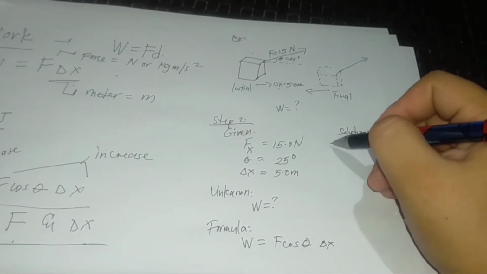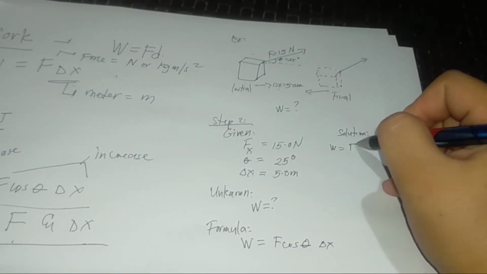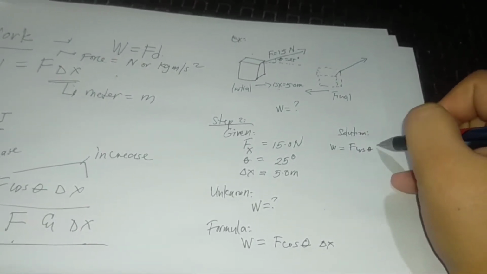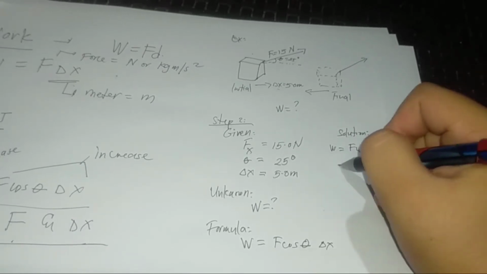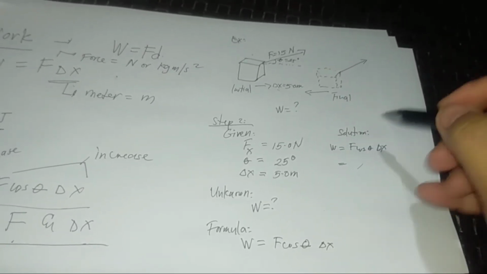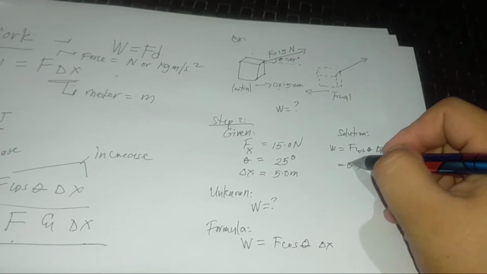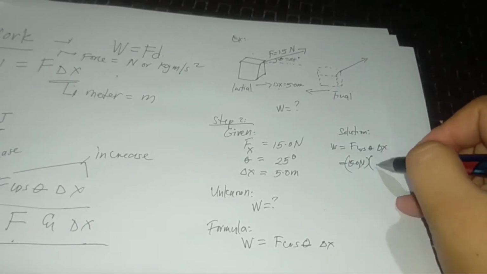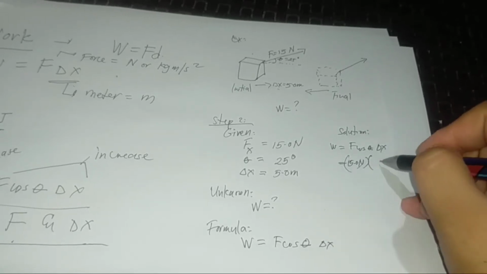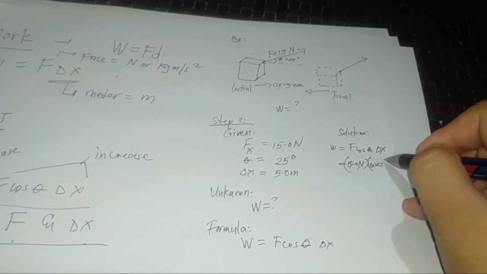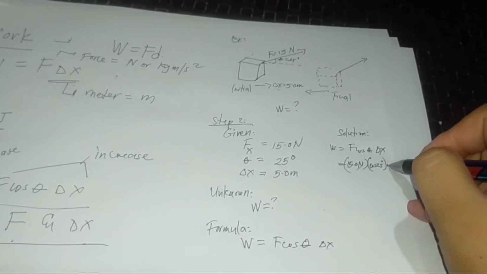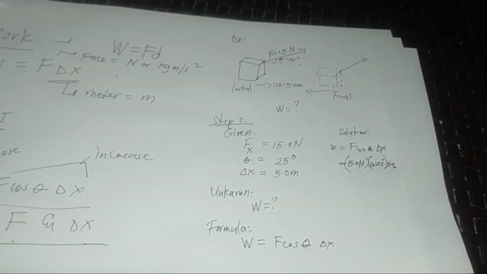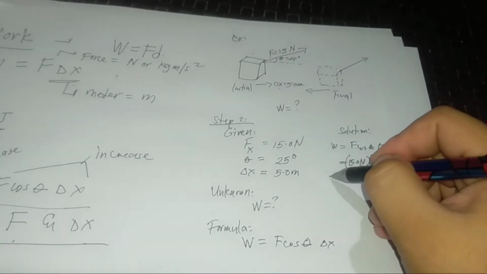Next is the solution. For our solution, we have W equals F cosine theta delta X. Just substitute the values. F is 15.0 Newton multiplied by cosine 25 degrees times 5.0 meters.